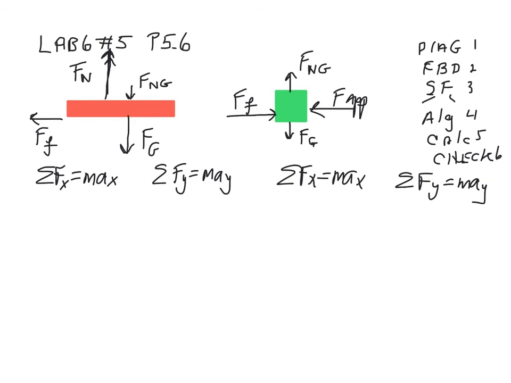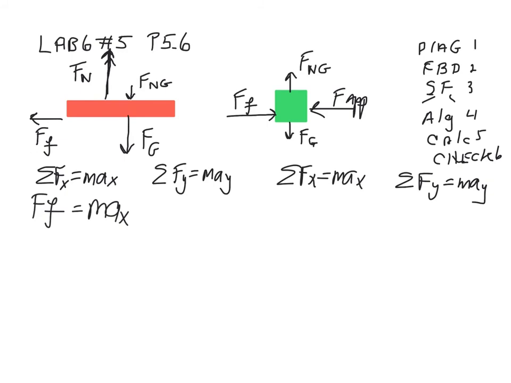But the applied force is the friction force minus the applied force, or since this is all going negative, if we consider this positive, the applied force minus the friction force is going to be the net force. So to find the applied force, you have to find the friction force. But to find the friction force, you can do that over here because it is the only force acting. The force of friction is the only force acting on the red block, and so the net force on the red block is the force of friction.